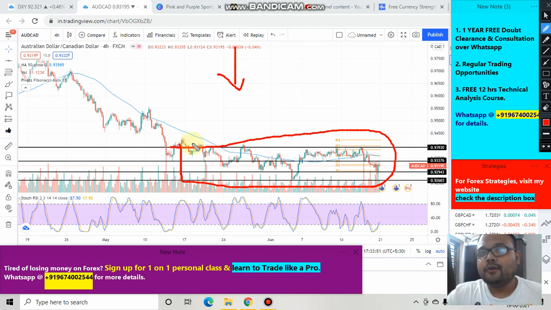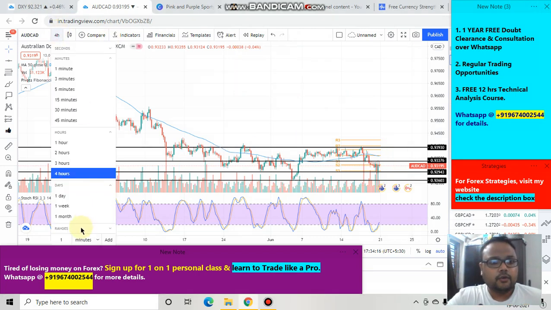And as we all know, for a trend reversal we need a V pattern. And still we do not have the V pattern here. Therefore, until and unless market gives us a V pattern, we cannot consider that there is any trend reversal, and there is no point of considering this as a buying market.